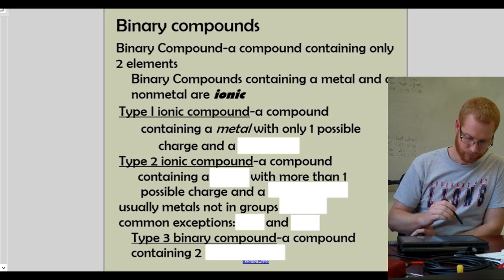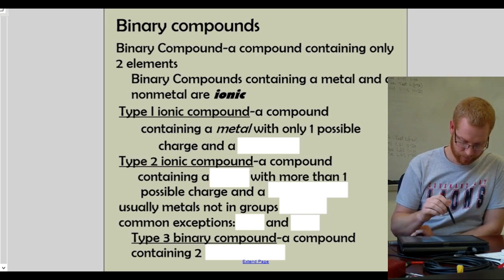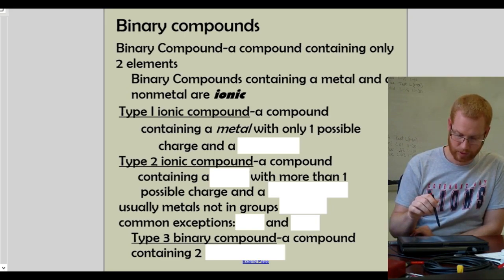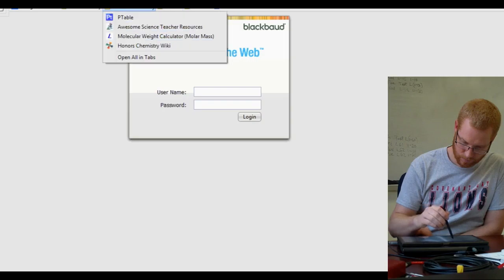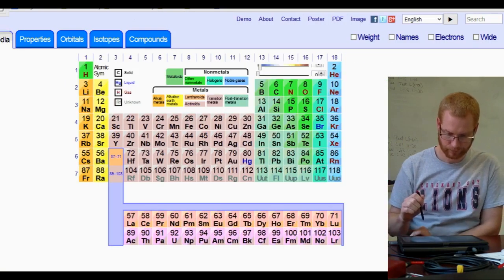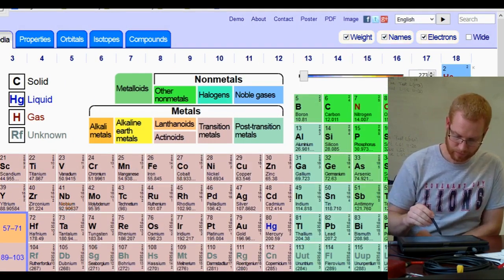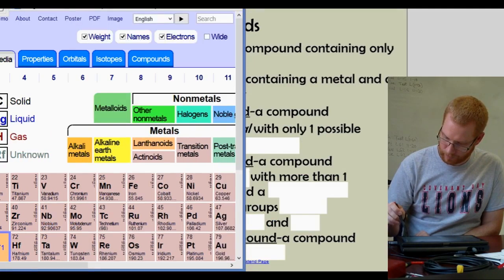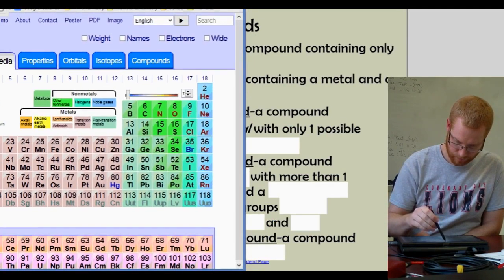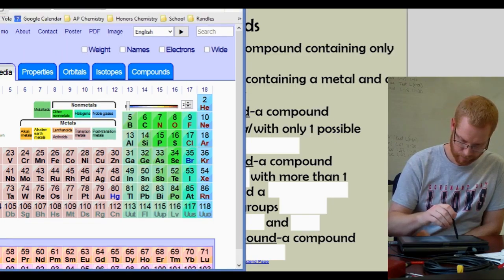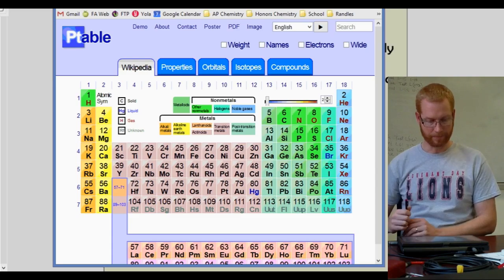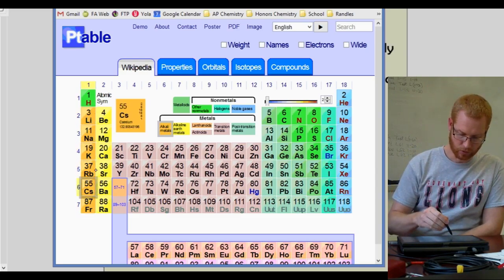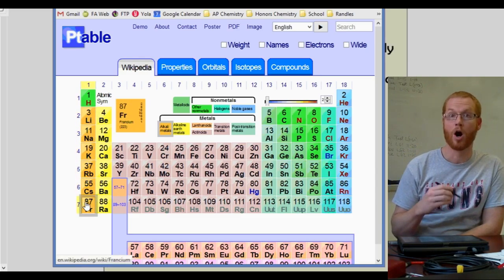If you remember, here's my periodic table. Group 1 metals, your alkali metals, are always +1.